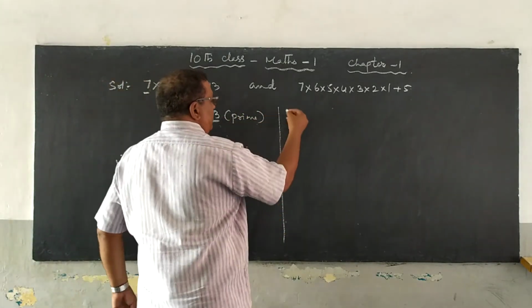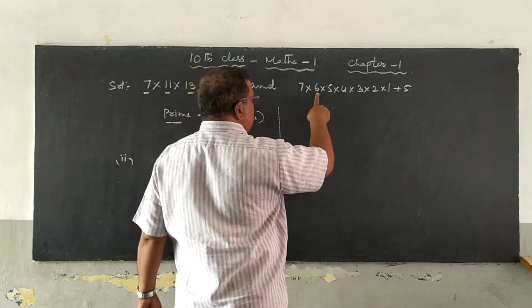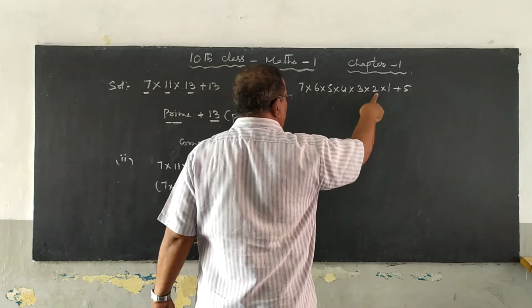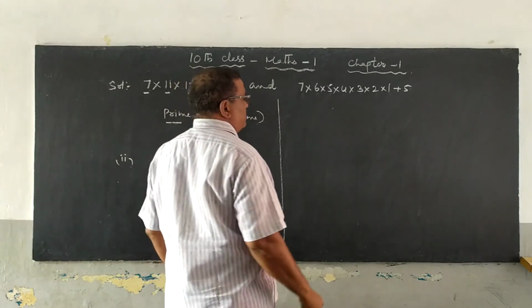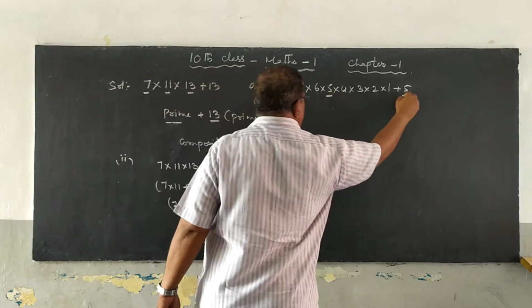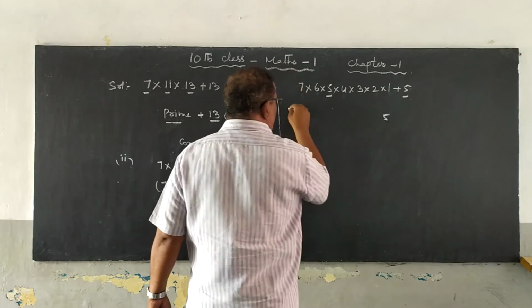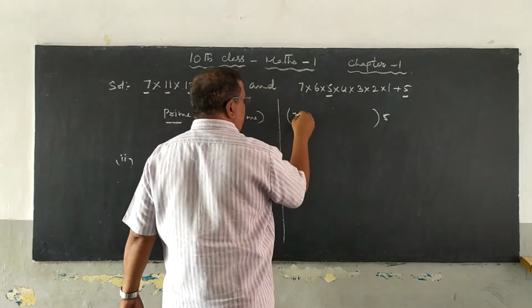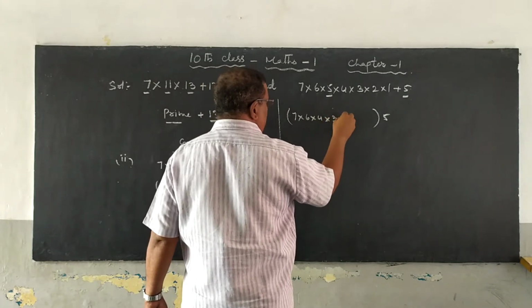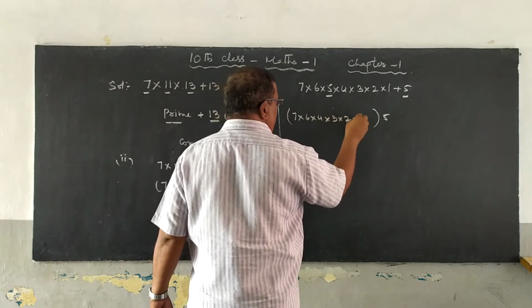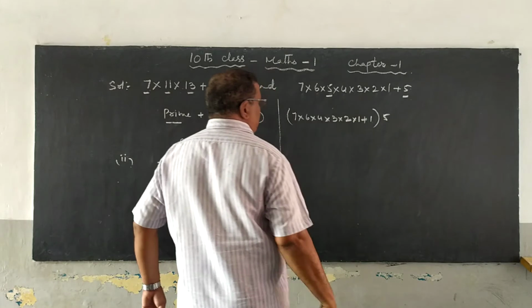The second one: 7 into 6 into 5 into 4 into 3 into 2 into 1 plus 5. How do we do this? Here 5 is a common factor. You get 7 into 6 into 4 into 3 into 2 into 1 plus 1, into 5.